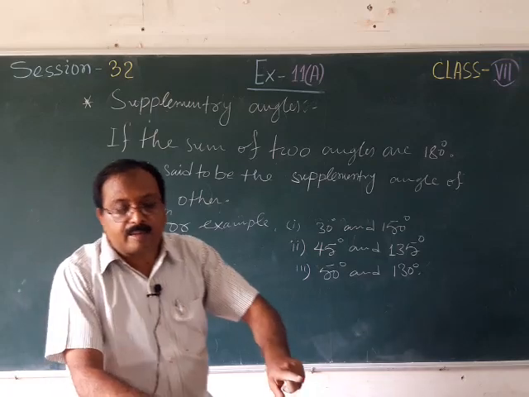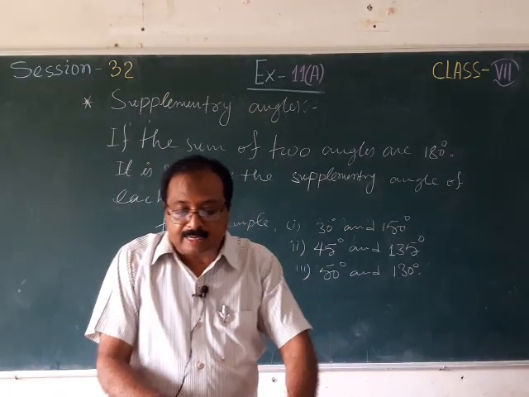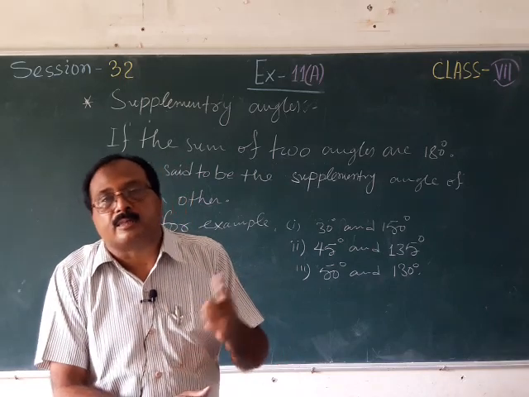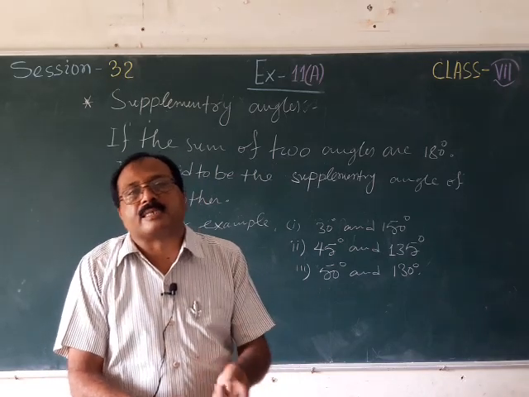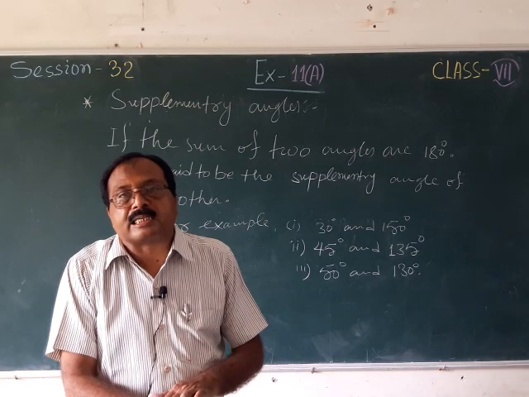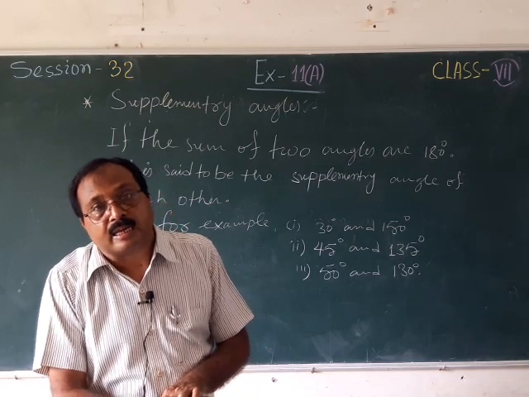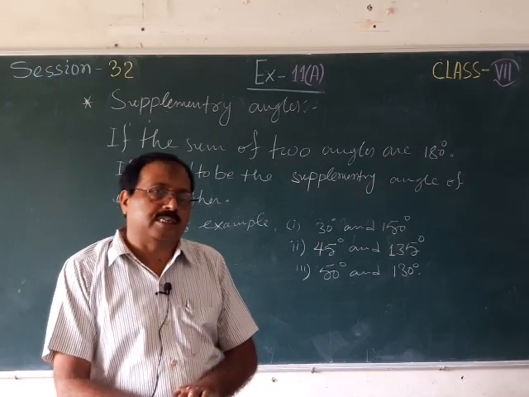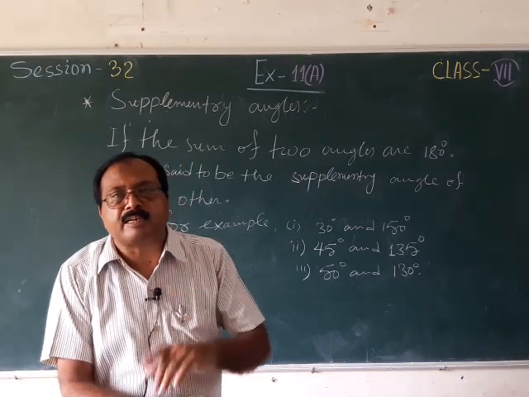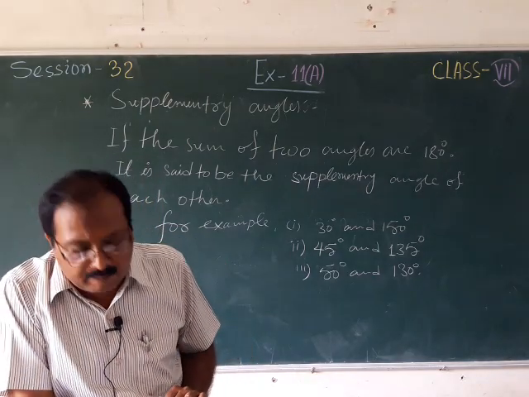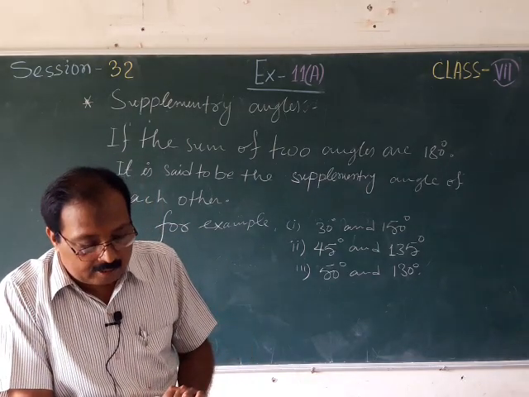So like complementary angles, supplementary angles are the angles that add up to 180 degrees. That means if the sum of two angles is 180 degrees, then these angles are known as supplementary angles, and each of them is known as the supplement of the other.